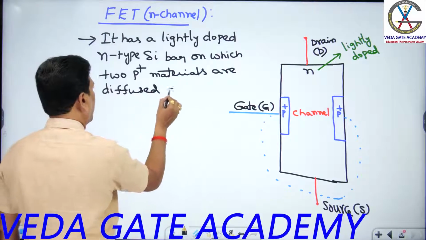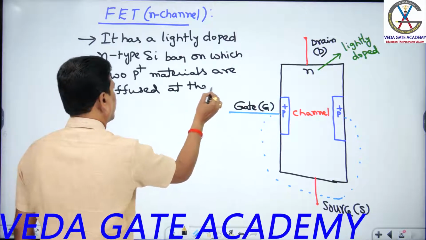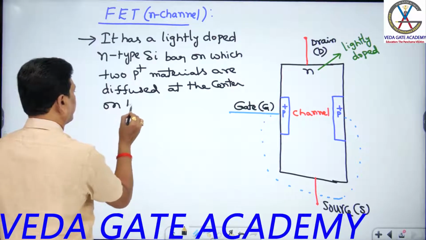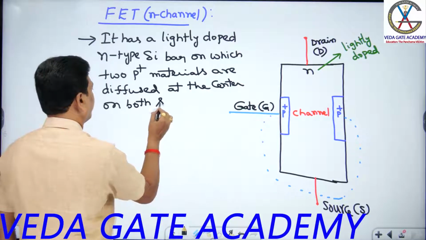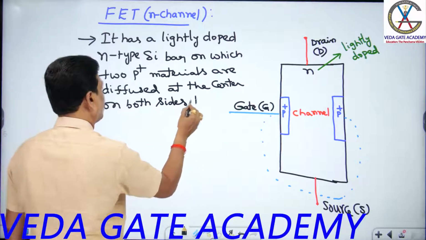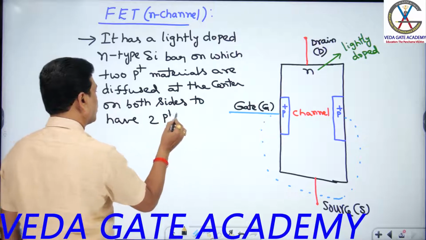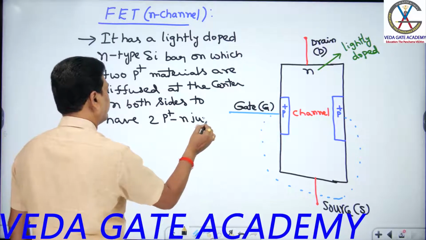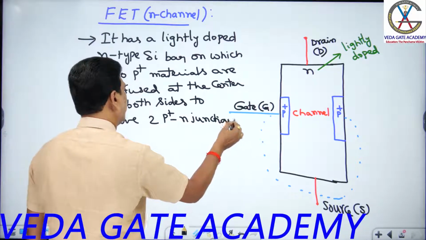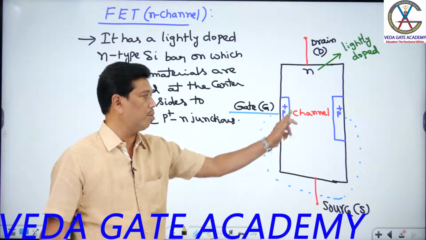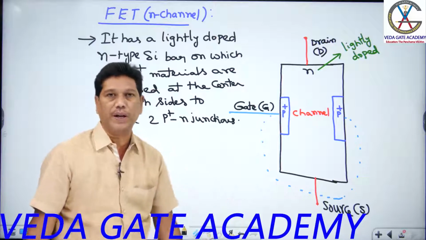2 p plus materials are diffused at the center on both sides to have 2 p plus n junctions, students. Confirm? So to maintain 2 p plus n junctions, at the center on both sides 2 p plus materials are diffused.